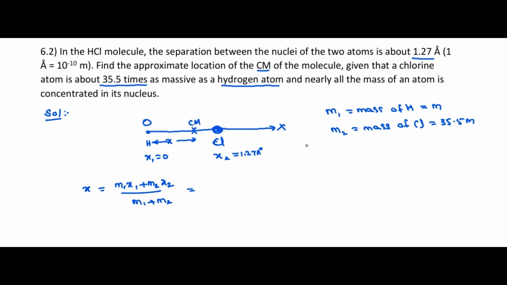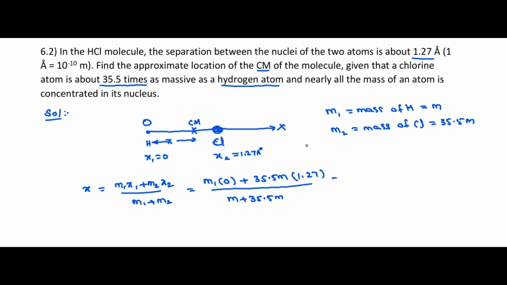That is equal to m1 into x1 which is 0, plus m2 which is 35.5 times m into x2 which is 1.27 angstroms, divided by m plus 35.5 m.